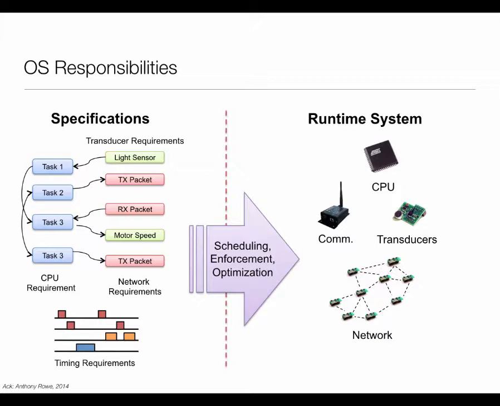And the final thing is it has to optimize for something, power would be an example, or some other metric. So I have to make sure that I meet the deadlines, I need to make sure that I do not let tasks violate the promises they make, and I need to make sure that I optimize some resources. So that's what OSs do.